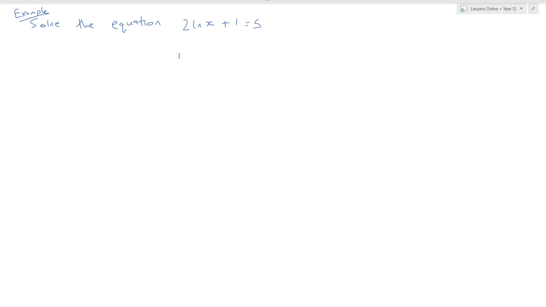Okay, next example, solve 2 ln x plus 1 equals 5. So we have 2 ln x. The simplest thing first, you take that plus 1 over the other side, you have 2 ln x is equal to 5 minus 1, which is 4. I can divide all the way through by 2.